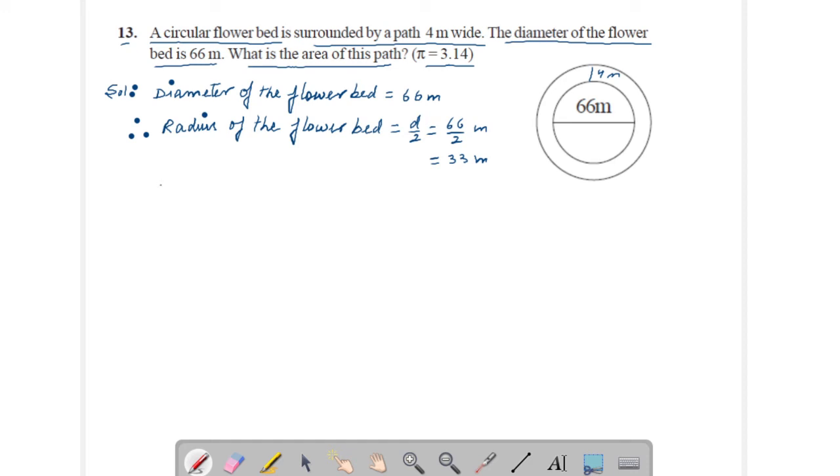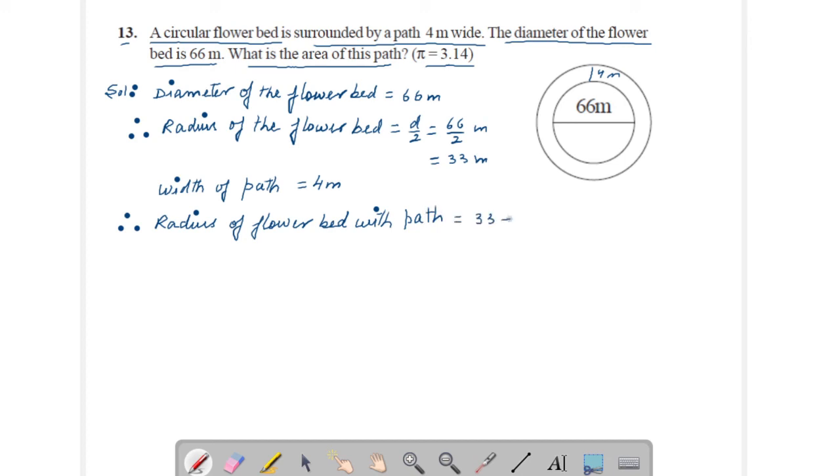Width of path it is 4 meter. Therefore, radius of flower bed with path is 33 plus 4 meter, that is 37 meter.